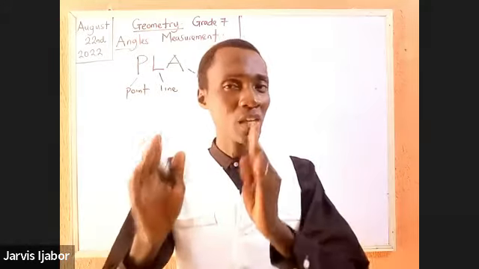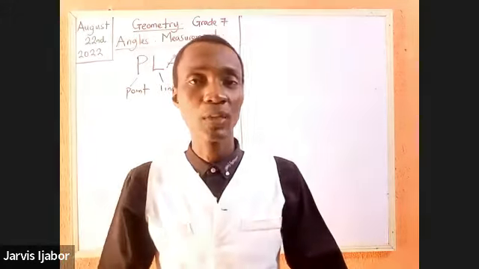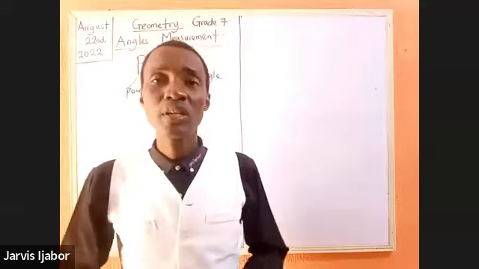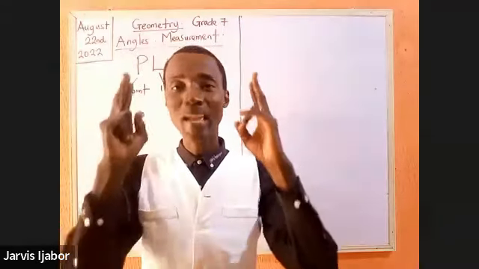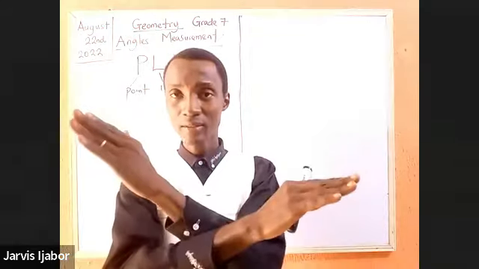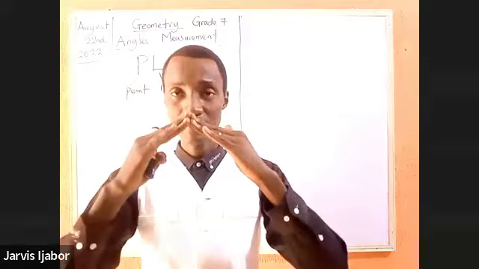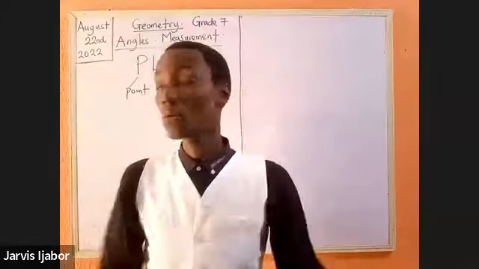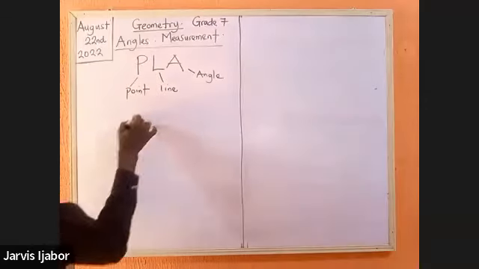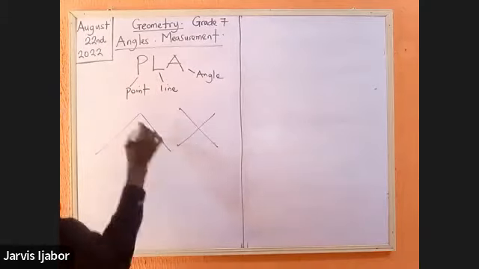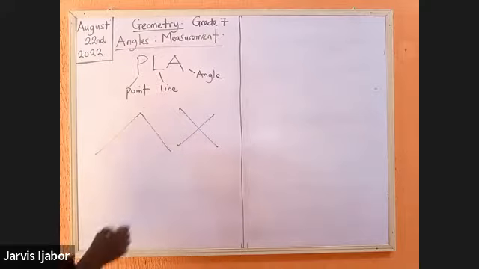So sticking to what we have to do today, what is an angle? An angle is formed when two lines intersect or they meet. So if two lines intersect or they meet, we have at least an angle being formed.